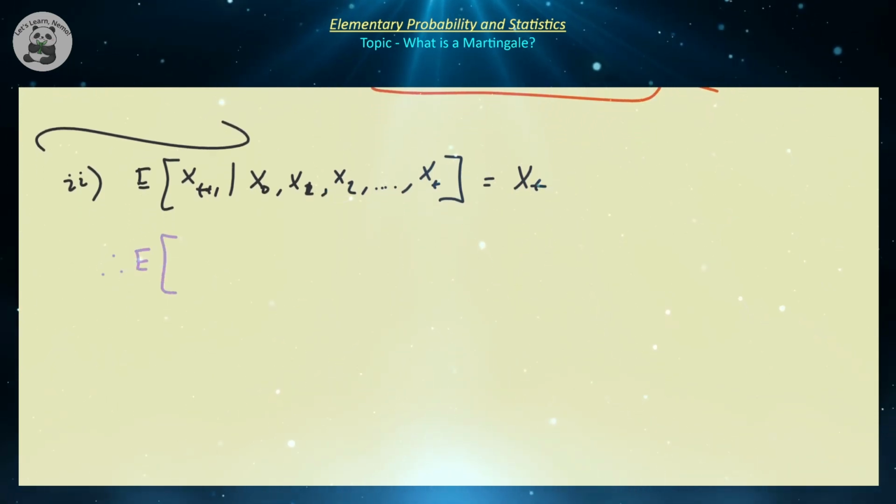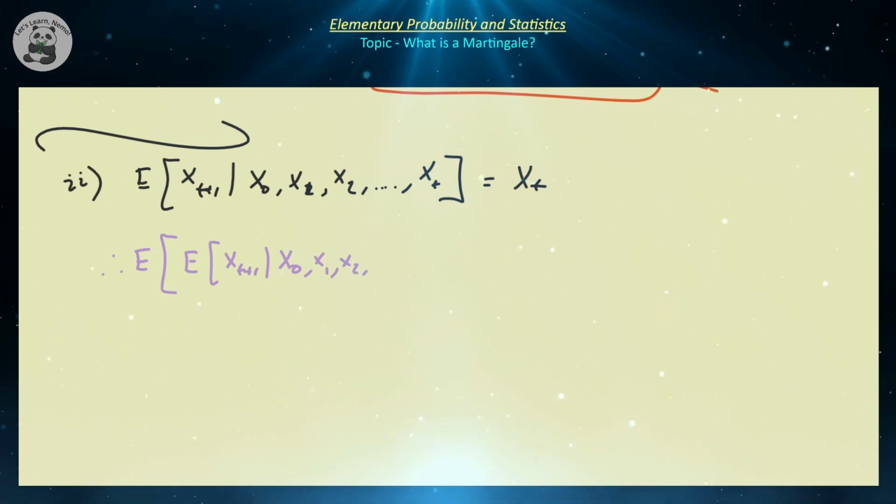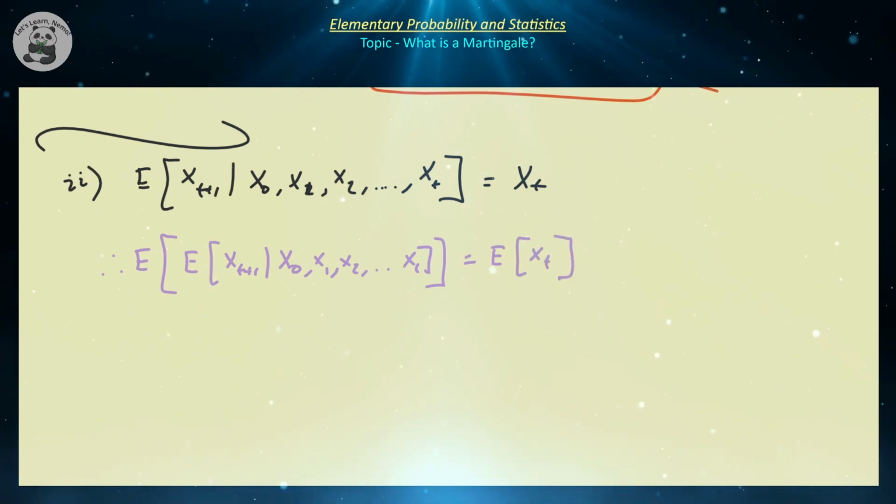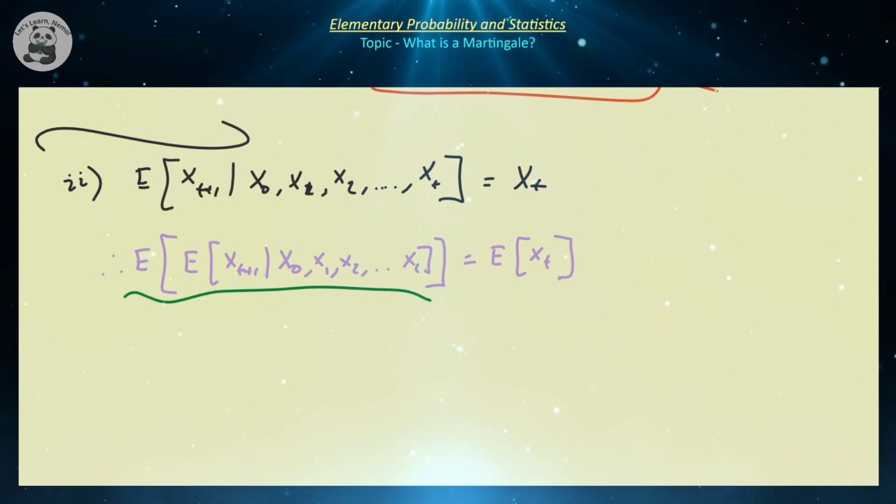We're going to have the expectation of X_{t+1} given X_0, X_1, X_2 down to X_t, close brackets, and that's going to be equal to the expected value of X_t. So what we have on the left-hand side is the expected value of a variable with respect to stuff. So what exactly is that stuff?